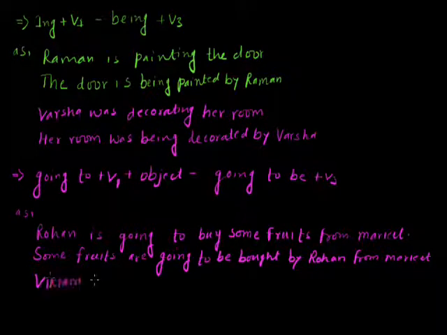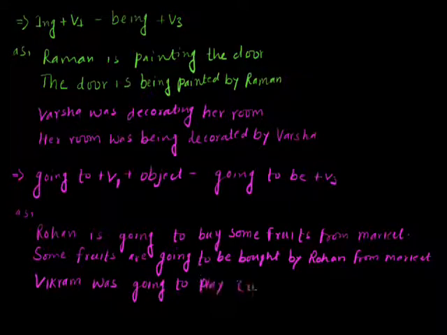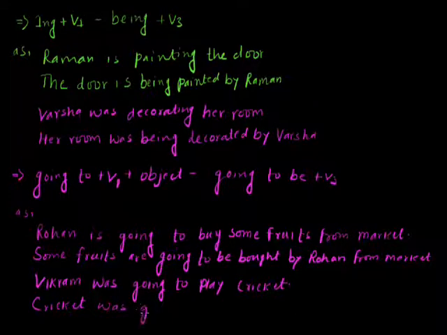Vikram was going to play cricket. In this sentence, cricket is the object, so we will pick up the object and place it in the beginning. Then the helping verb was will be used, then going to will be used as it is, and then we will add be after going to.